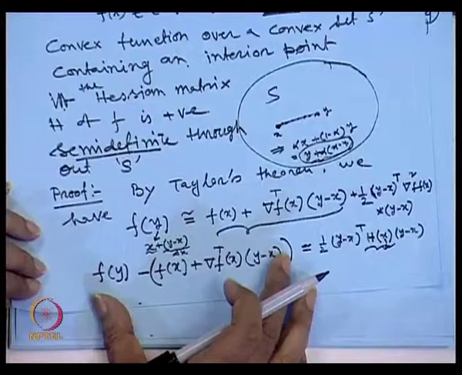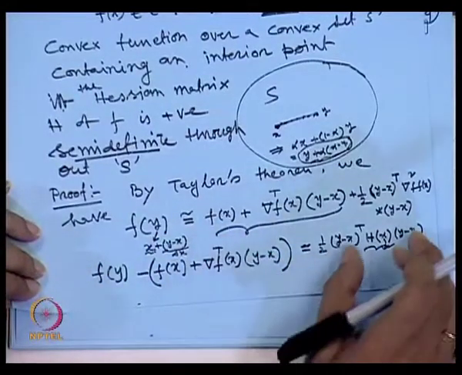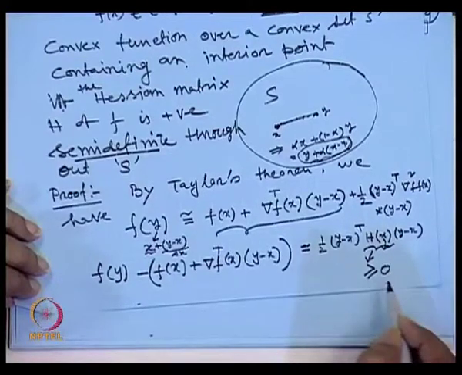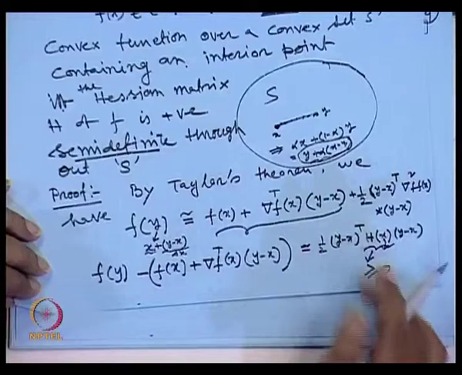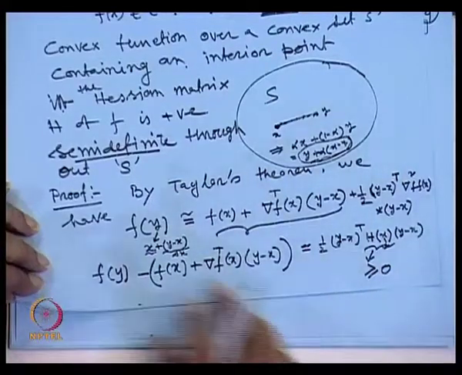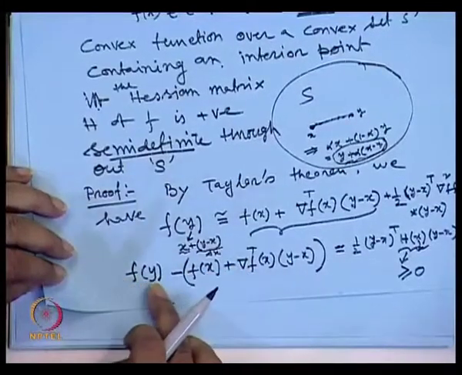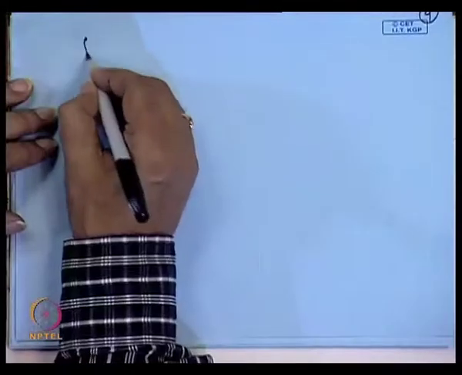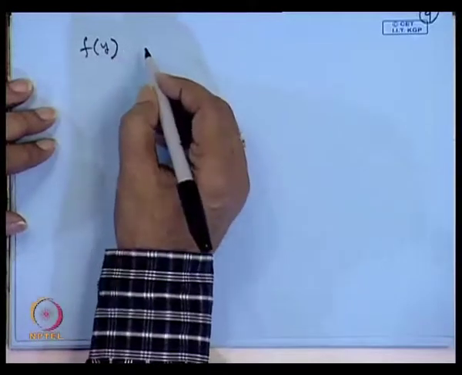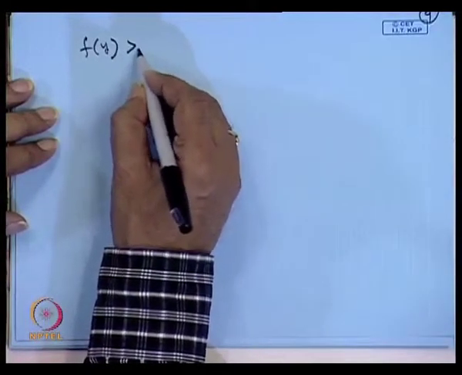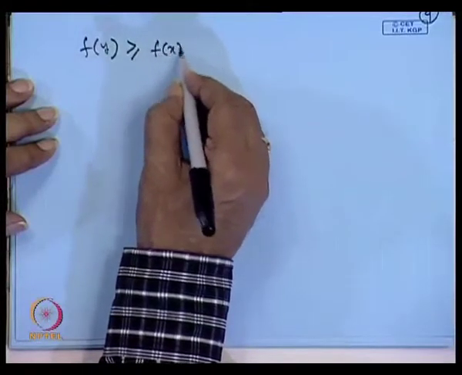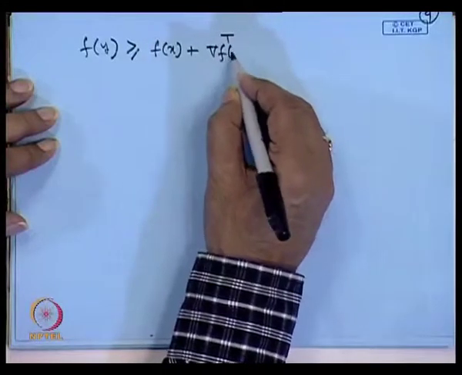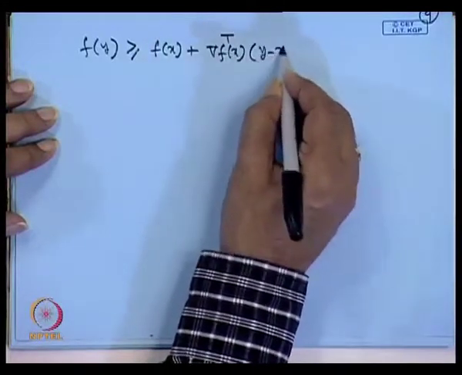So this positive indicates that this Hessian matrix should be either positive or 0, when this Hessian matrix will be a positive semi definite matrix. So this indicates that f of y will be greater than or equal to f of x plus gradient transpose of f of x into y minus x.